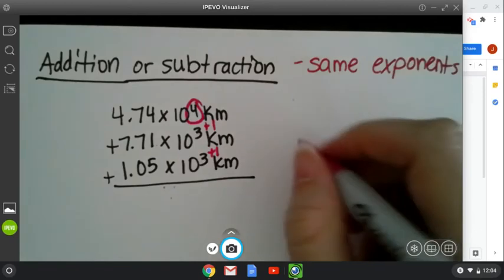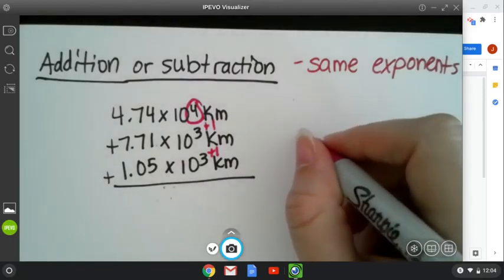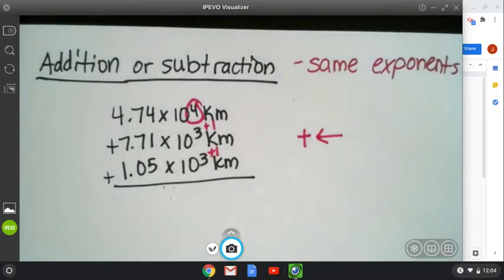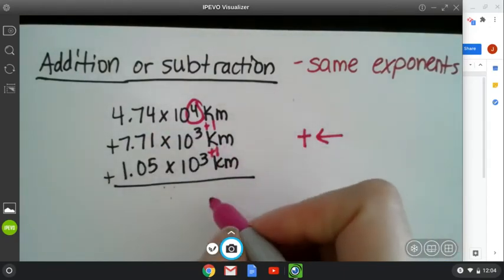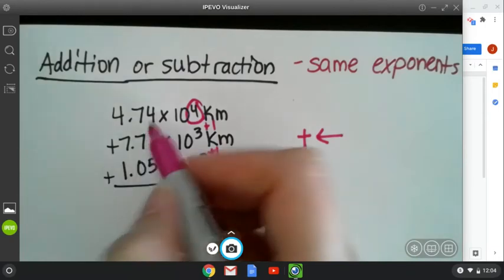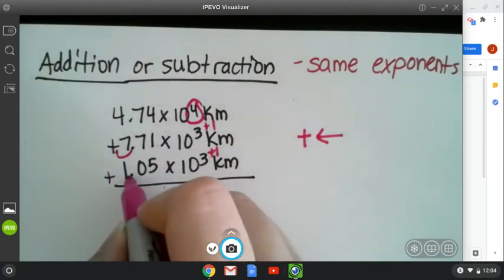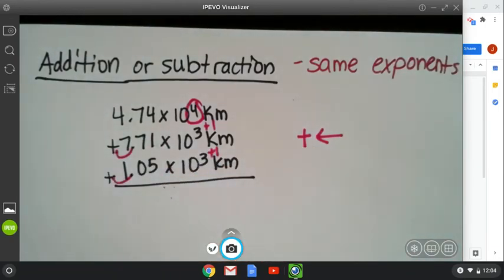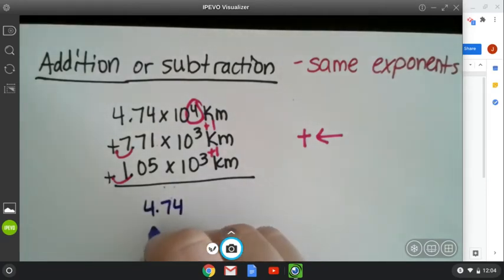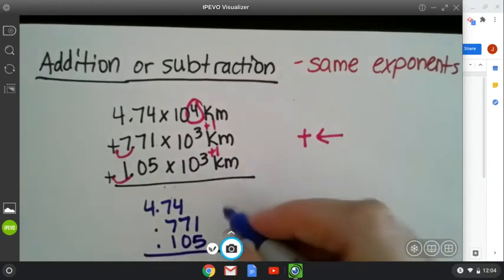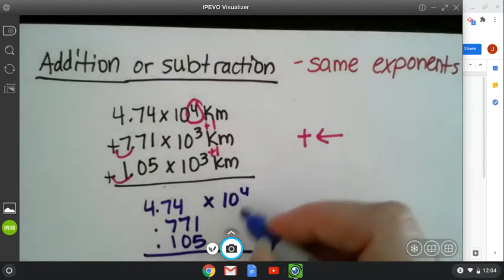If I'm going to add, your decimal always goes to the left. Both of these have a 3, so we're going to add 1 to each one. So move this over 1, move this over 1. We're going to rewrite this: 4.74 plus 0.771 plus 0.105. And again, don't forget about these.